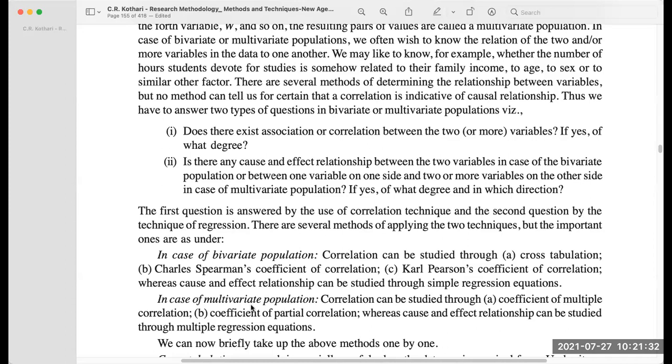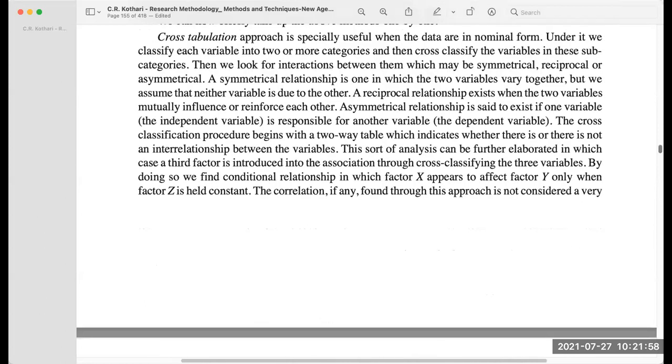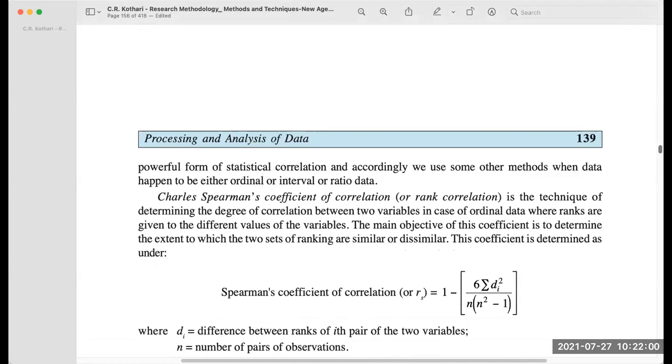Multivariate means when the number of variables is more than two, and for that we have correlation studies. We can find the coefficient of multiple correlation, coefficient of partial correlation, and this kind of measures can be calculated to know the relationship.